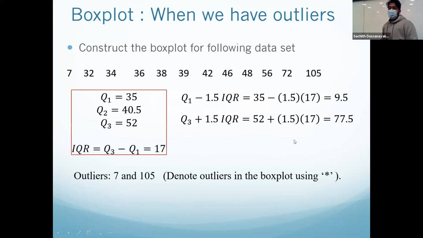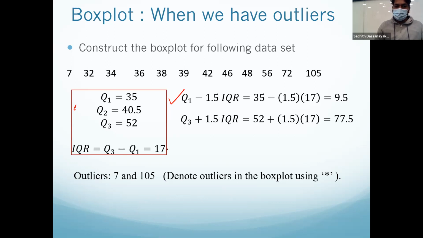Okay, here I have mentioned Q1, Q2, Q3, and an interquartile range as well. So let's find, do we have outliers or not? First, consider Q1 minus 1.5 times Fs or IQR.